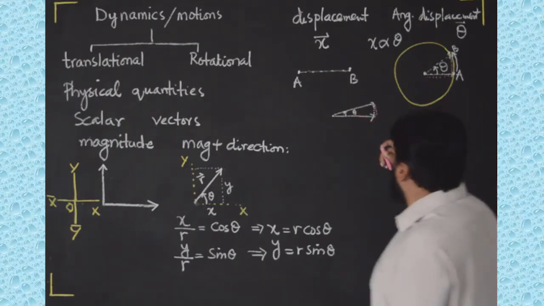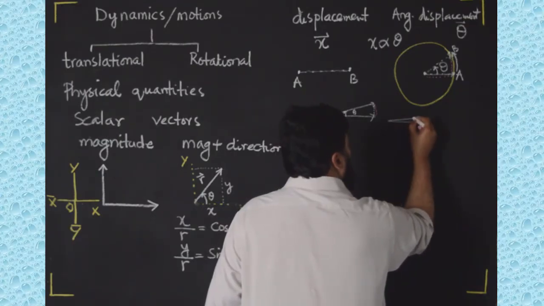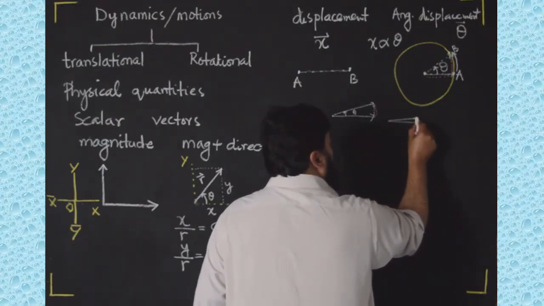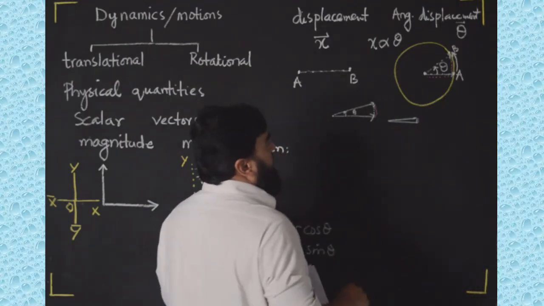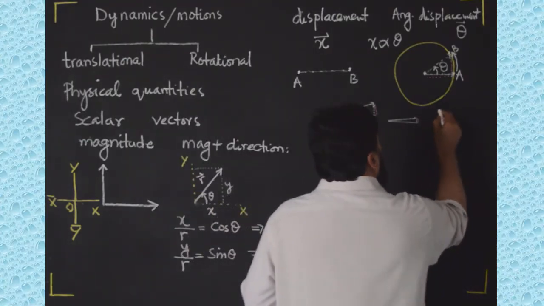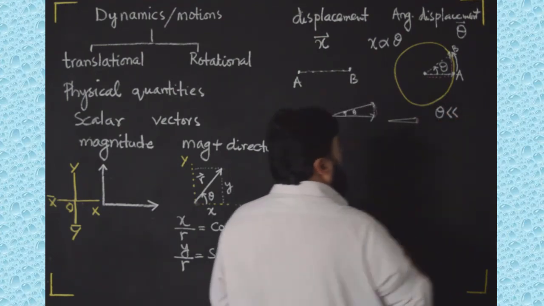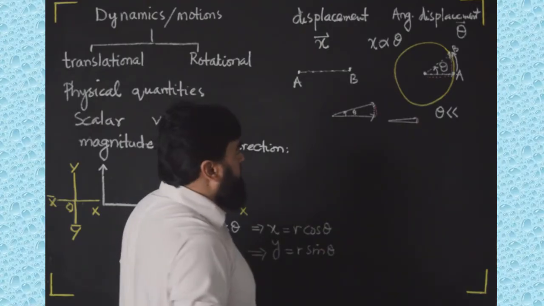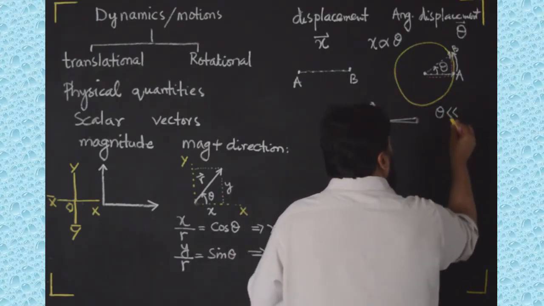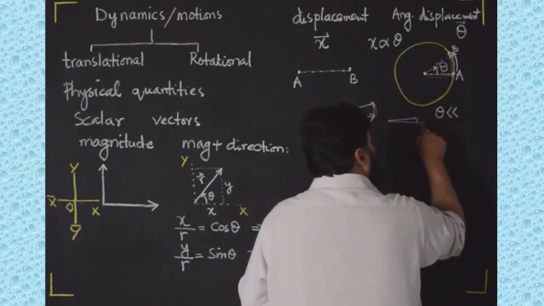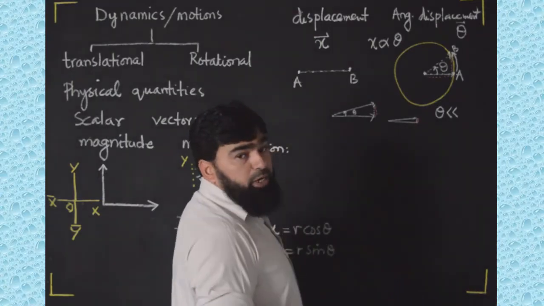If I take this very small, like this, this is a vector and this is the angle. Now this perpendicular will have only a small difference from this curvature. So when theta is very small, this curved path will be approximately this perpendicular line.